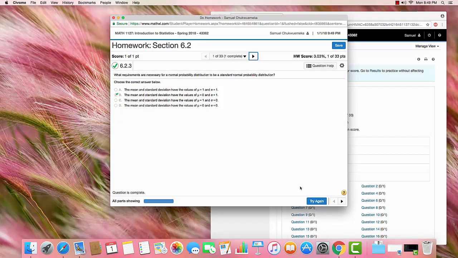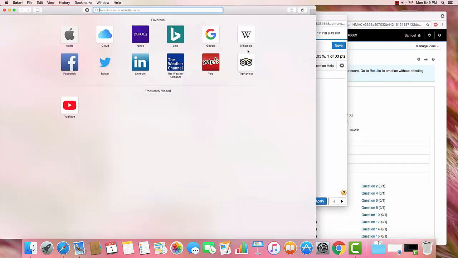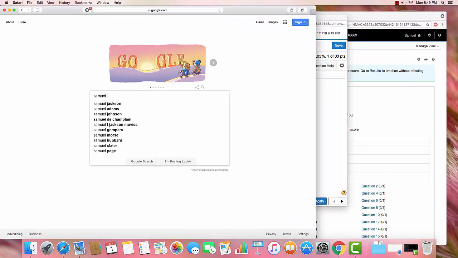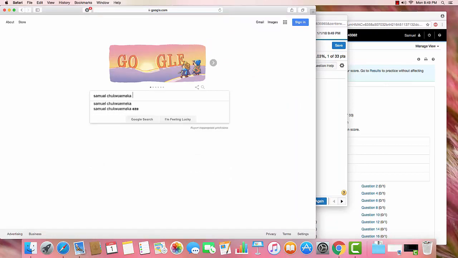What requirements are necessary for a normal probability distribution to be a standard normal probability distribution? So if you look at the notes, let's get on my website. We can go to the mobile friendly site.